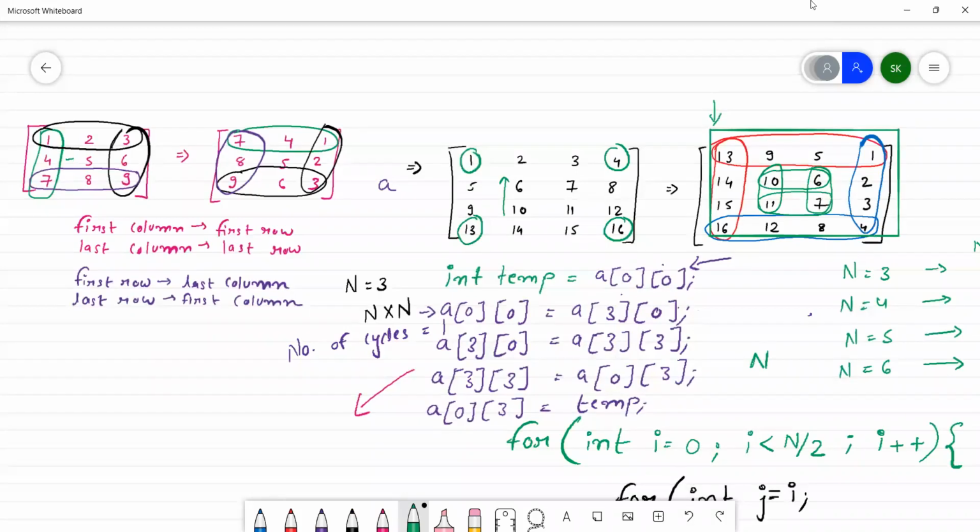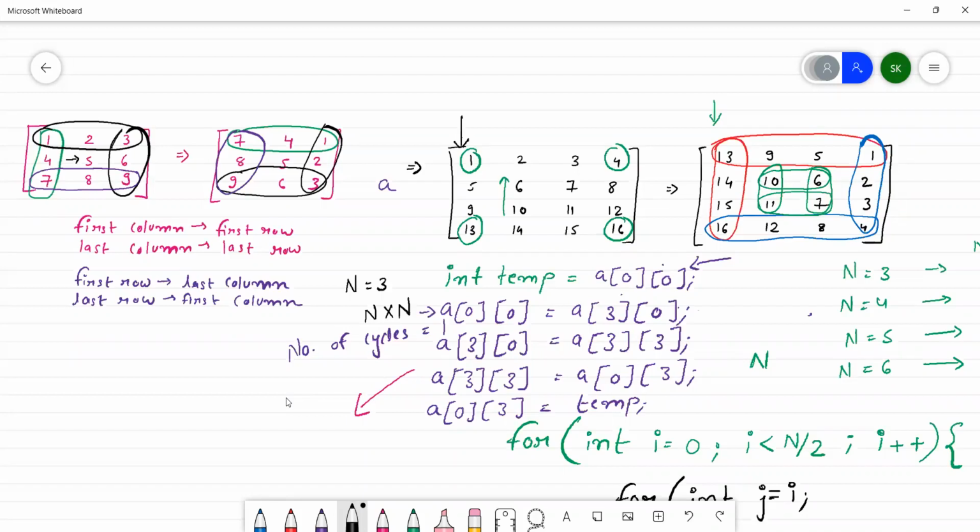Okay, just give me a minute. Yeah, you can ask your doubt. So initially it was in row 2, 0th column, 5. Now row 2, 0th column. I'm not talking about this 5, I'm talking about this 5.